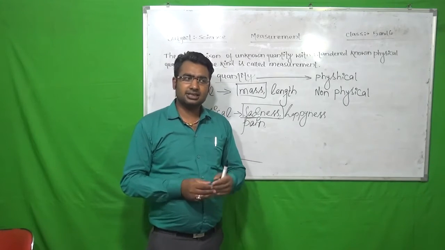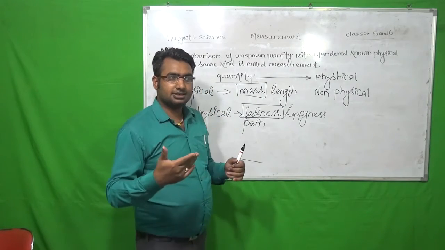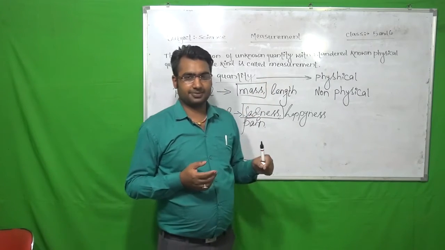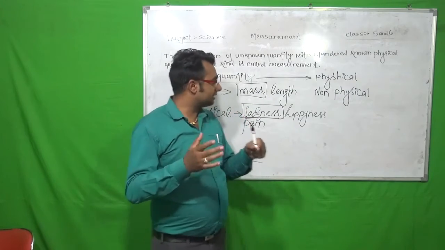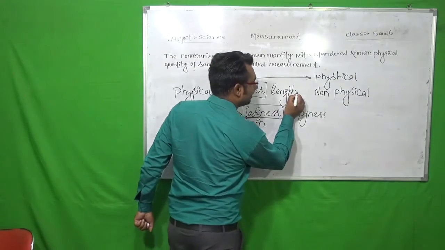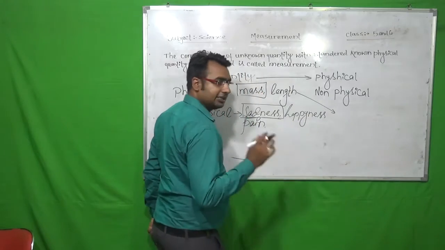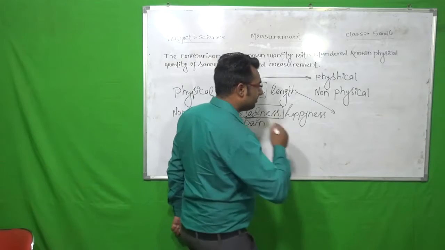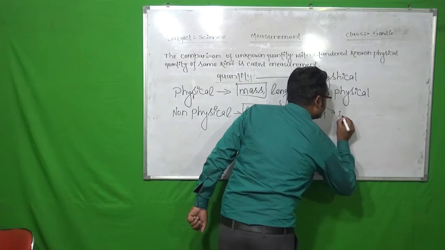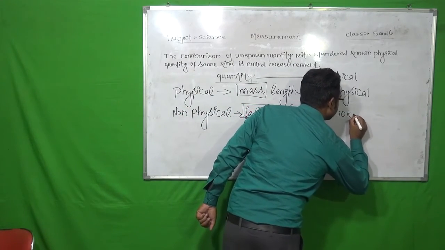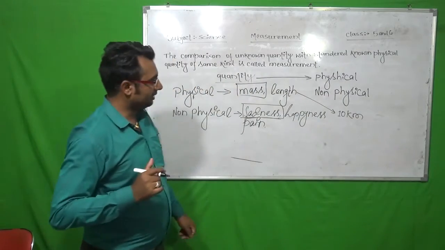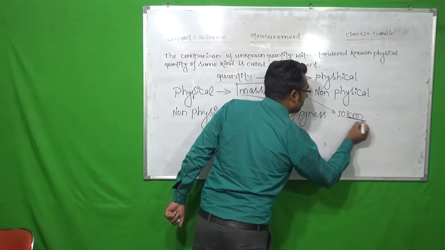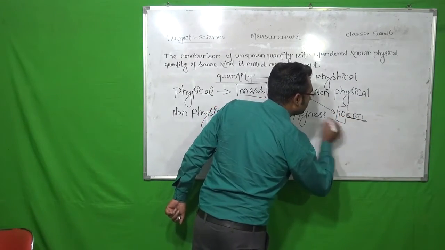Before that unit, kilometer or meter, we can see the number. The length of any substance or the distance between two places can be expressed like this, 10 kilometer. Students, here before kilometer we can see the numerical value.